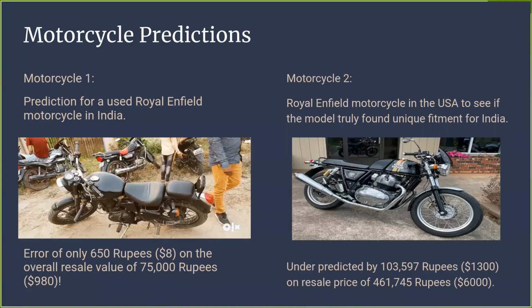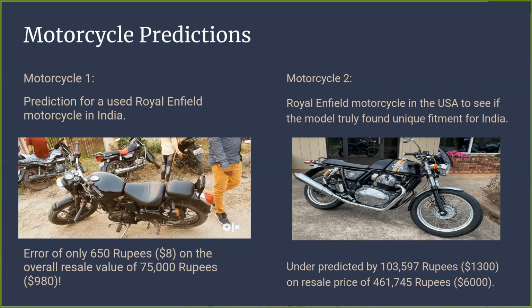So now moving on to predictions, I went ahead and predicted 2 motorcycles. I wanted to see how well it would perform in the Indian market and the US market to see whether or not we had truly learned something unique for India in this model. The error we got for the first motorcycle predicted on the left, which is a Royal Enfield in India, was an error of only $8 on a vehicle price of $980.